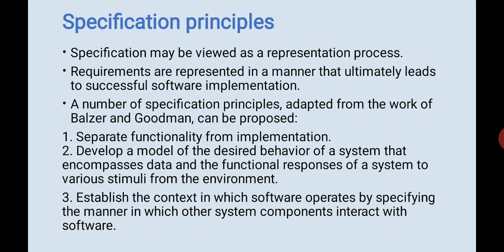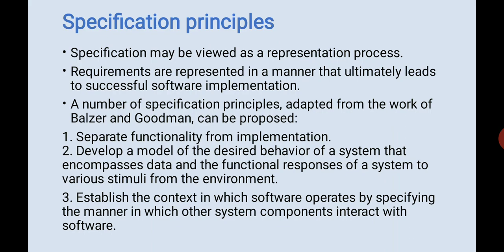That is, how will the system respond to the stimulus from the environment, or anything coming from the outside, that is, how will the system give you the output with respect to the corresponding input? So you need to develop a model according to your desired result.